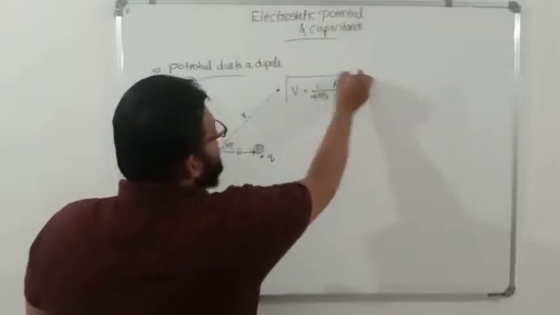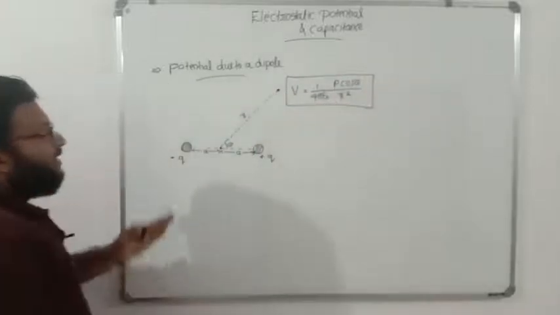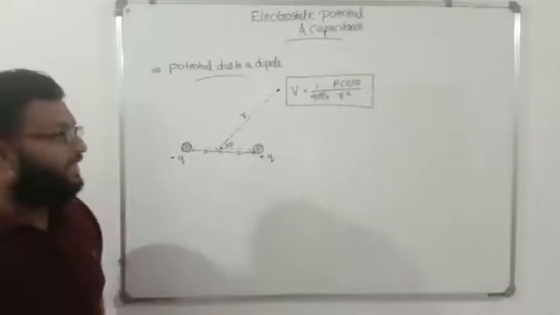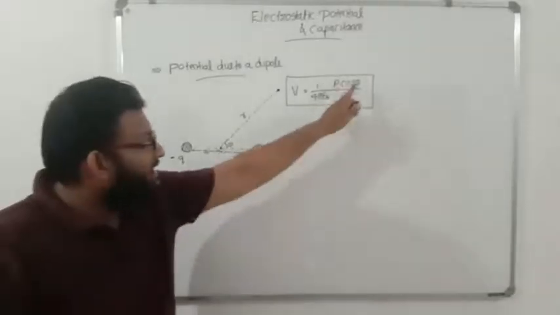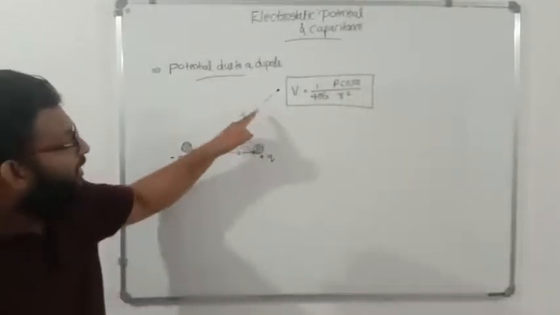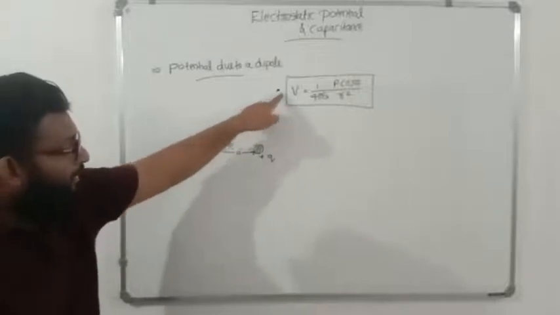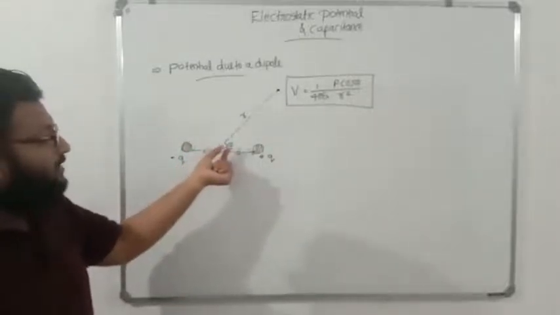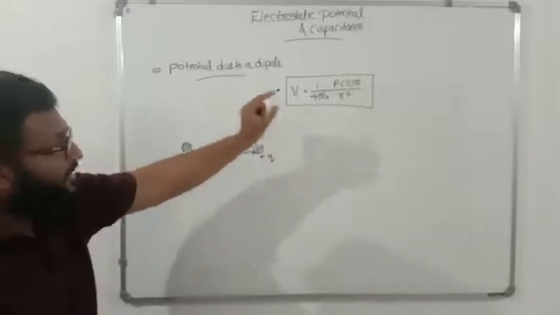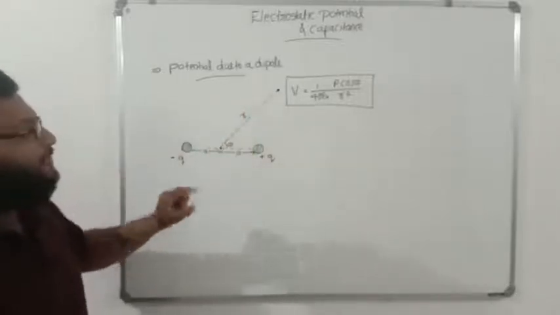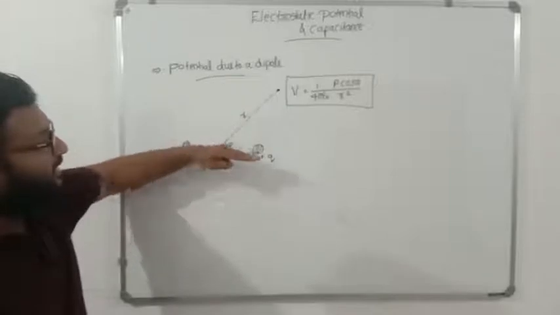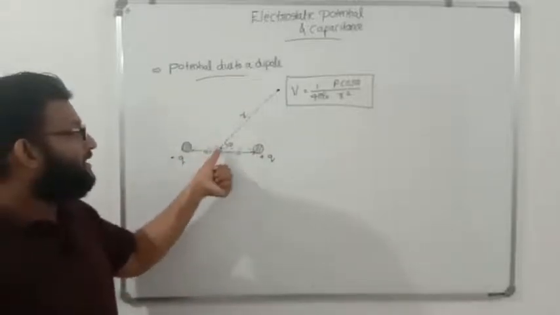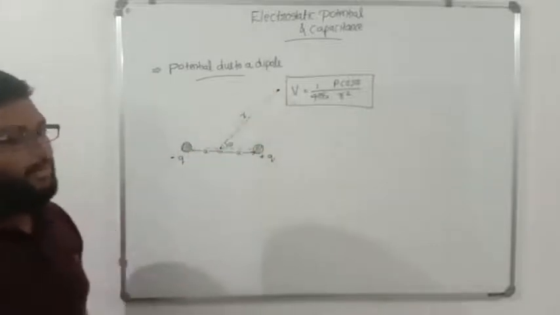This is the equation we have to know for the potential due to a dipole. What is theta? Theta is the angle made by the line joining the point to the center of the dipole with the length of the dipole, and r is the distance measured from the center of the dipole to that point.